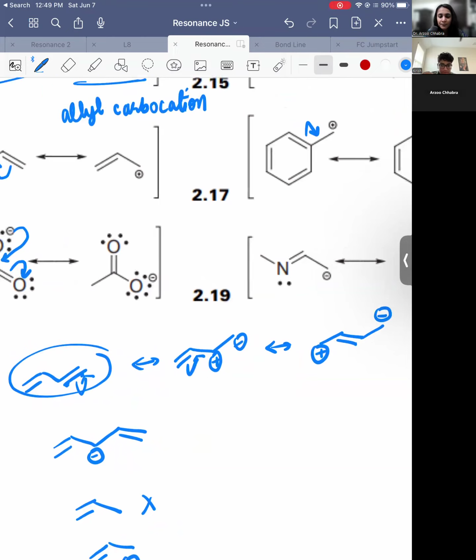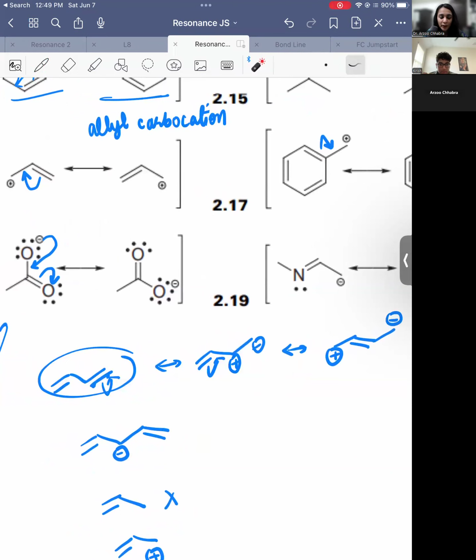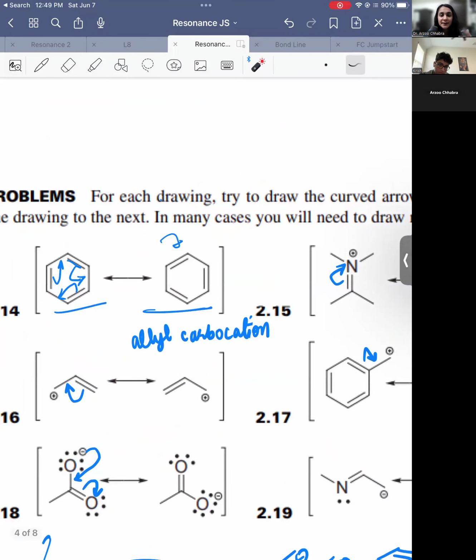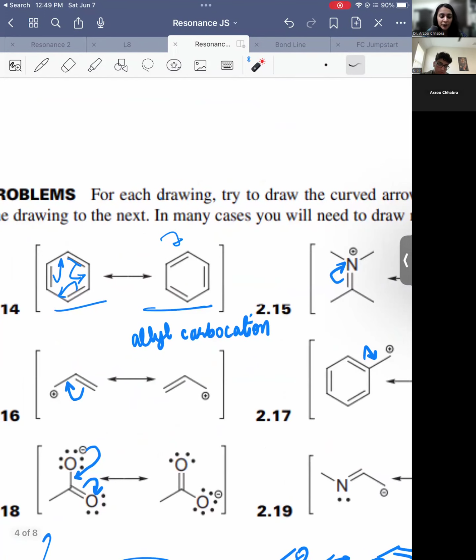So again, for a linear structure, this is a neutral structure. There's no other neutral structure possible for a linear structure. There's no other way I can rotate the bond to get another neutral structure. But for benzene, because of its cyclic nature, you can have another possible neutral structure, and then of course we can create a positive and a negative for every double bond and then resonate them.